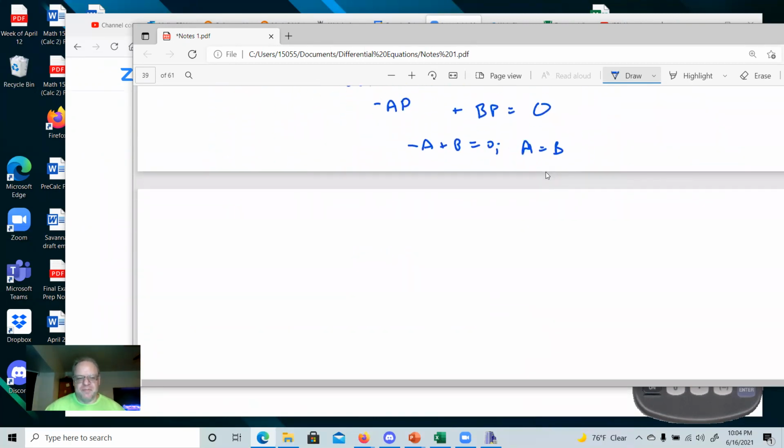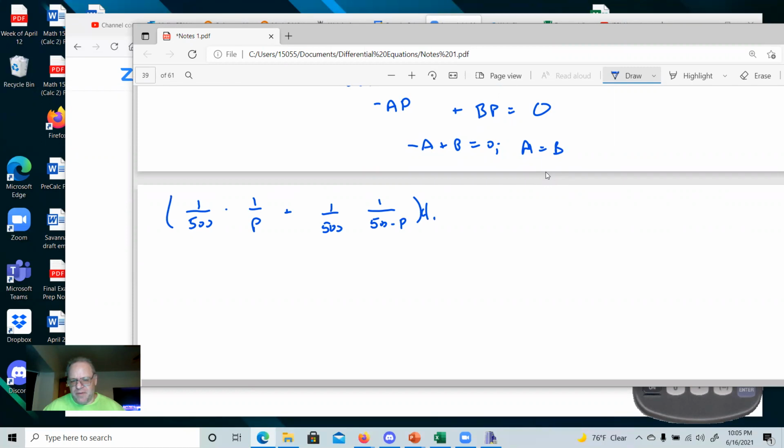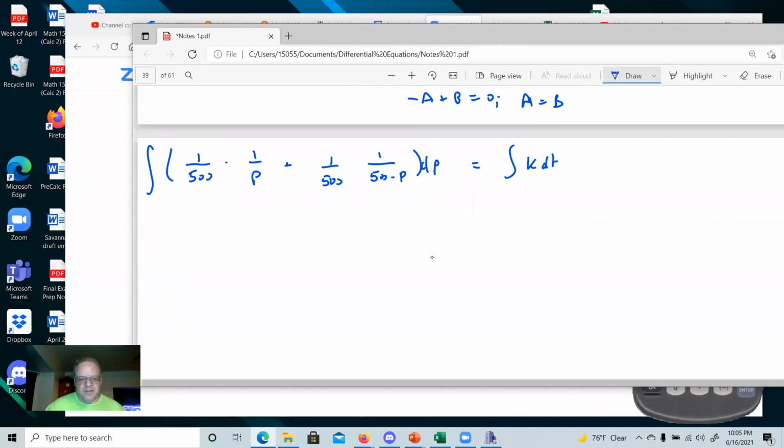So let's go ahead and set this up. We've got 1 over 500 times 1 over P plus 1 over 500 times 1 over 500 minus P. These all have a dP on them because we're going to integrate, and this is equal to k dt. Integrate both sides, right? And this is 1/500 natural log of P plus, now look what happens here.